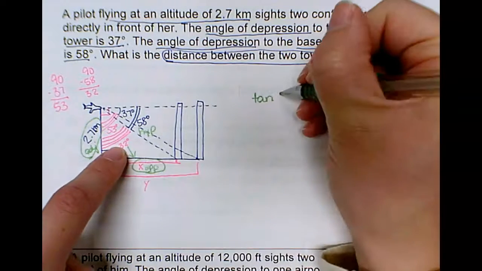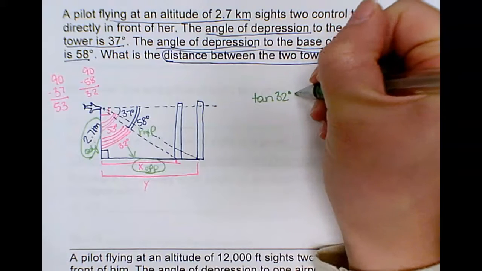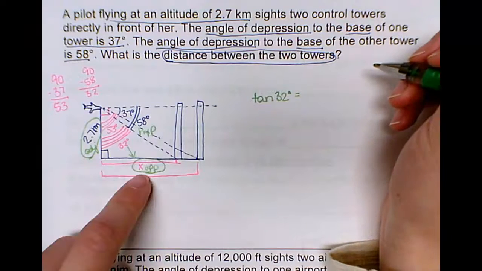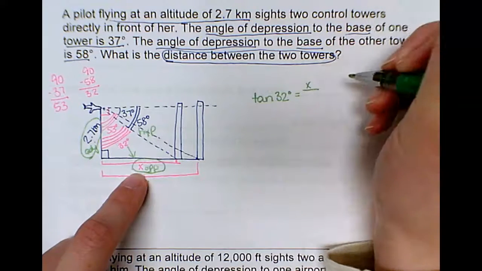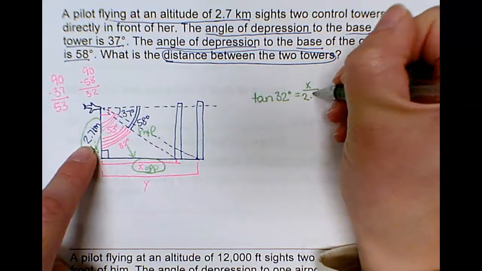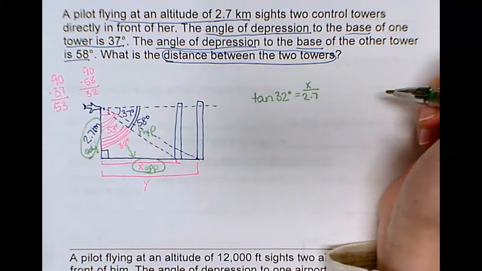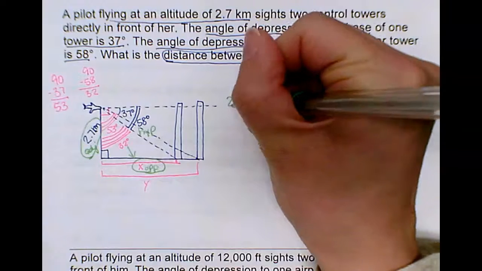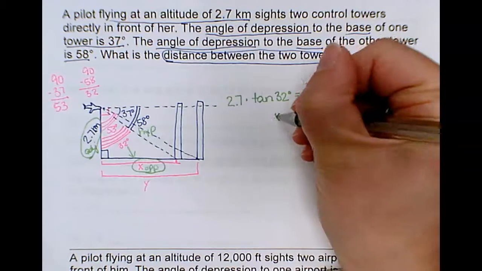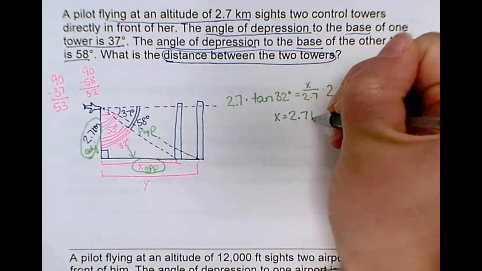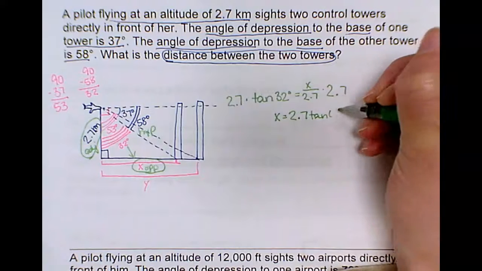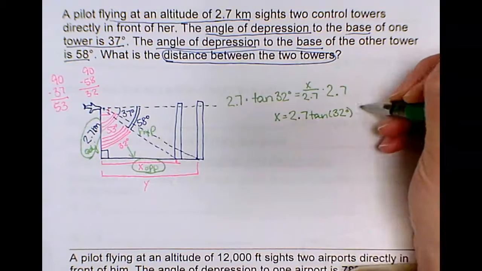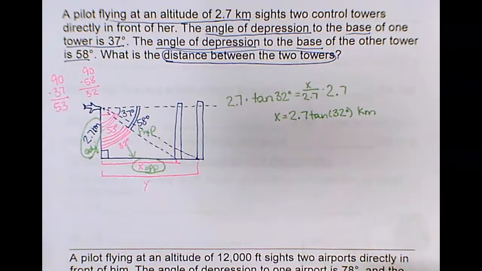My angle of reference is 32 degrees. It's equal to the ratio of the opposite side, x, over the adjacent side, 2.7. I need to isolate the value of x, and I have that x equals 2.7 times tangent of 32 degrees, and I'm measuring in kilometers.